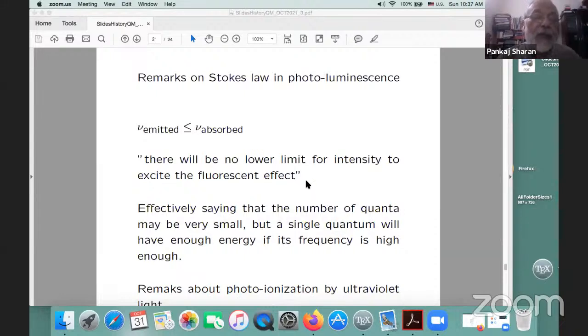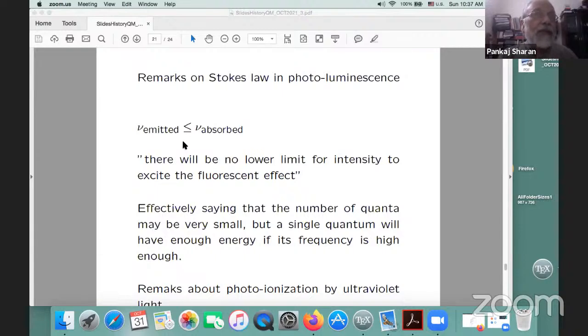effect. This is very important, because one can have a very strong intense light, or one can have very low light. But as long as there is energy enough to excite the emitted energy, even one quantum, one photon, will be able to do it.